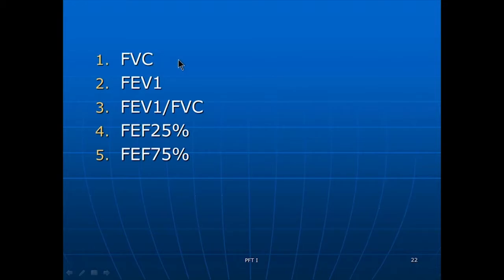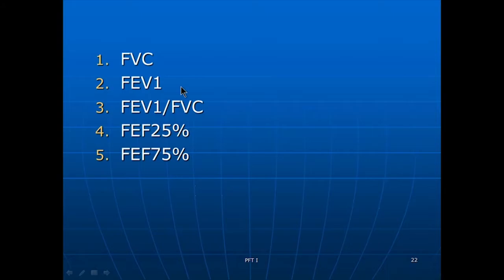So if a patient has a normal forced vital capacity and their forced expiratory volume in relationship to that forced vital capacity is 80%, however, their flow rates are decreased, that's an indication of an obstructive pattern. A restrictive pattern will have normal flows, but will have difficulty with volume.